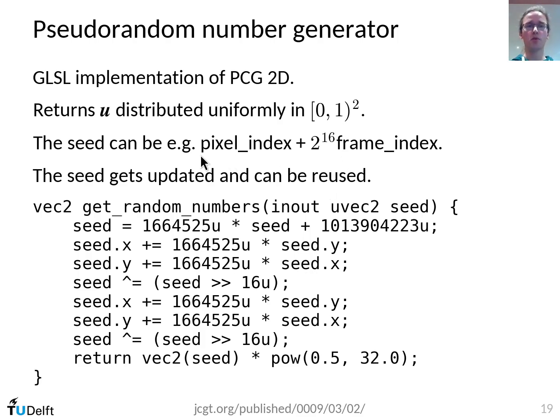And to compute the seed, we can, for example, take the index of our pixel with its x and y coordinates, and then we can add the frame index to that, offset a little bit, so that we really get different random numbers each frame and for each pixel. And thankfully, this implementation here is using an in-out parameter, so this seed also gets updated every time we use this function, which means that we can then use this updated seed again to get another set of random numbers.